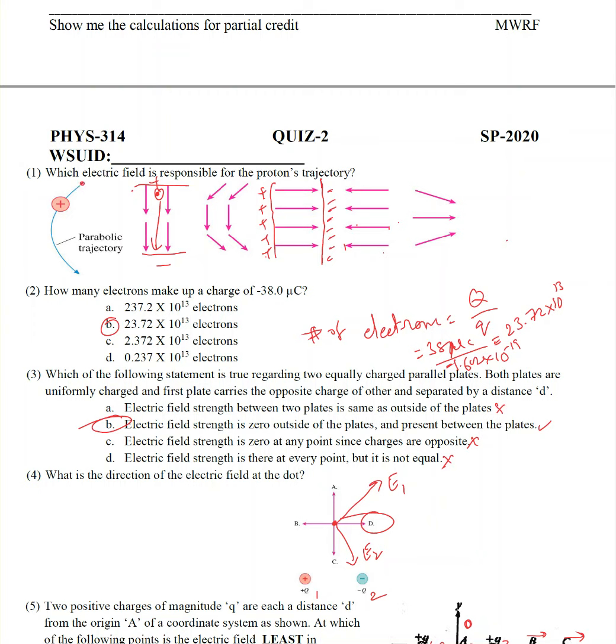Here initially the charge has some initial velocity, and we are shooting this charge with an angle theta. If it doesn't have any initial velocity, what happens? It automatically moves towards the negative charge.